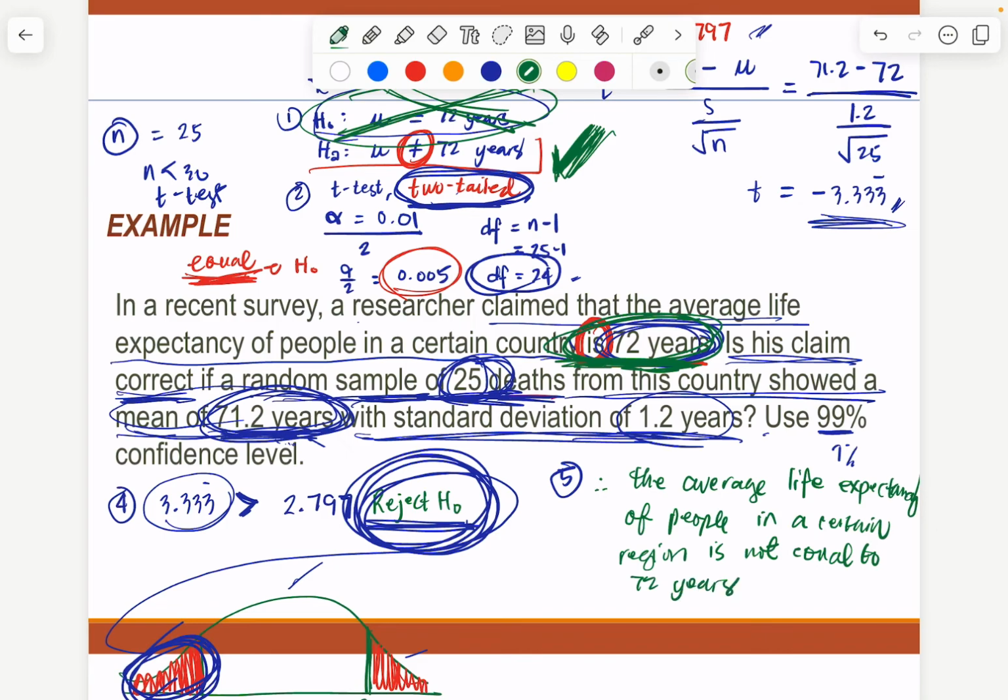You can use "is not equal," or "is not the same," "is different from," and other terms that fit your sentence. If you want to go the extra mile, you can add that the claim of the researcher is not correct.